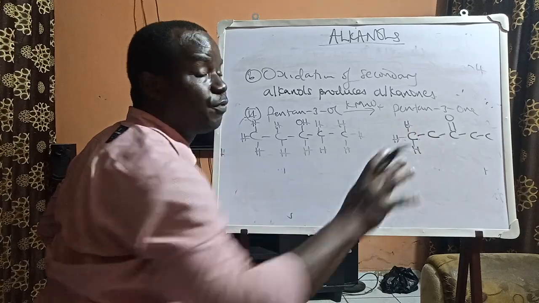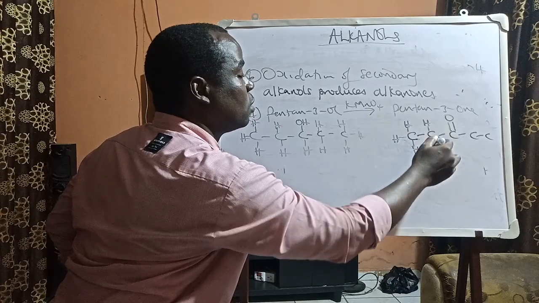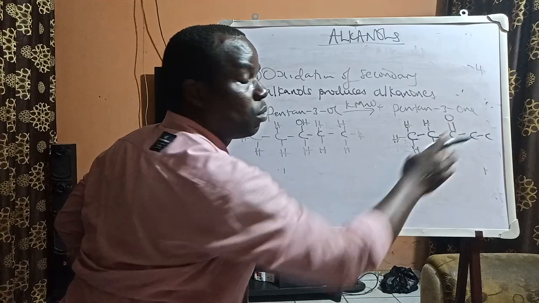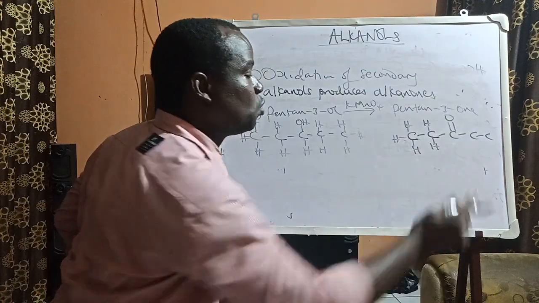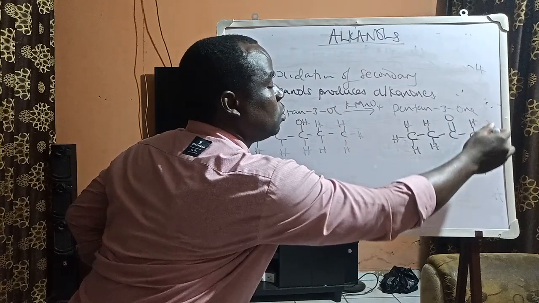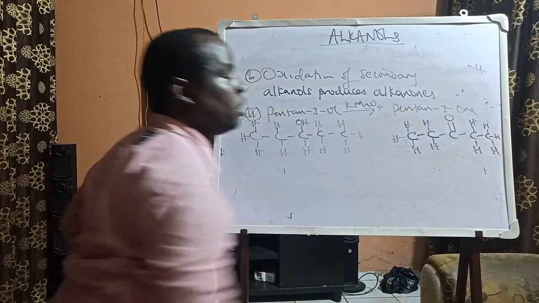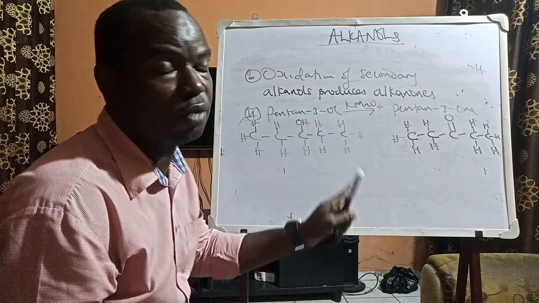That's 4 now. This one has 1, 2. You put 1, 2. This one has 1, 2, 3, 4. It's complete. Don't put any other one. 4 is maximum. This one has 1, 2, so you put 1, 2. This one now has 1, 2, 3. That is pentan-3-one. Take note of that.